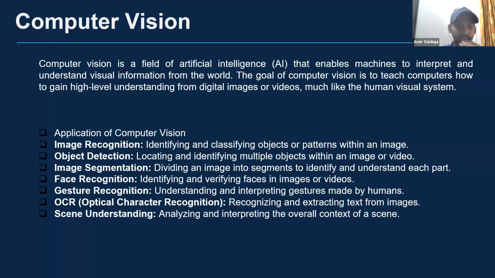Then we have object detection that we are going to see in this tutorial. In object detection, we don't classify images into their categories, but we try to identify all the objects within that image. Whatever number of objects we have, we will try to find out those objects in the image. Then we have image segmentation.